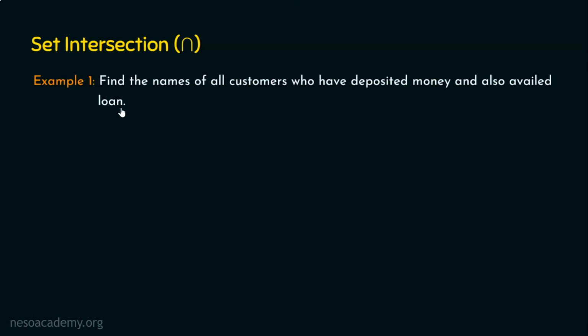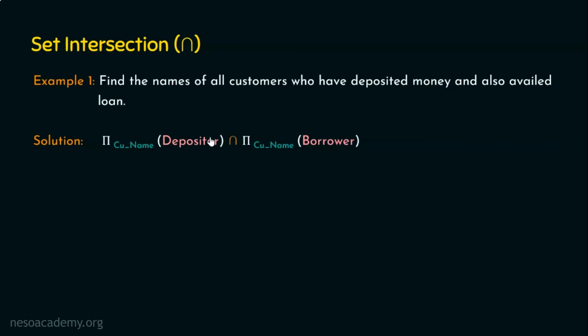But what we are required to do is, we are required to list the names of all customers from the depositor relation, and then intersect with the list of all the names of the customers from the borrower relation. So the solution for this question is, we are just projecting only customer name from which relation? The depositor relation.